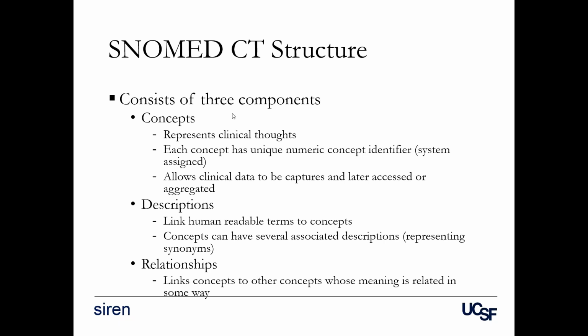Along with that concept identifier is a description, which is the ability to link that human-readable description term to a concept. Concepts can also have several associated descriptions that are represented as synonyms. There are also relationships as a way that identifies linking concepts to other concepts whose meaning is related in some way.